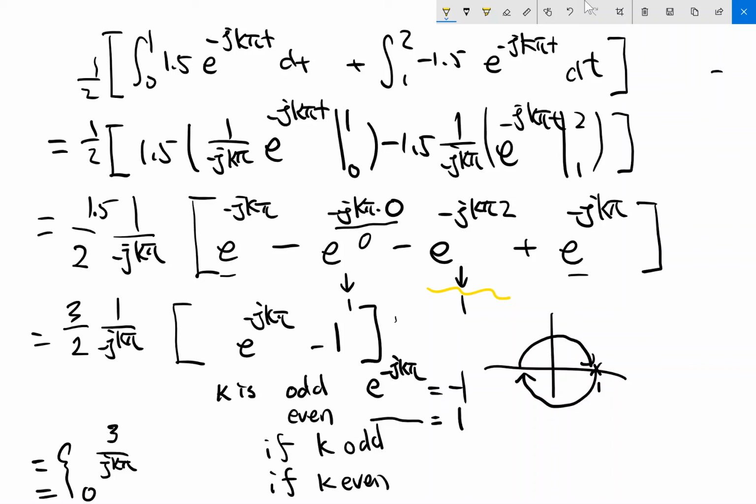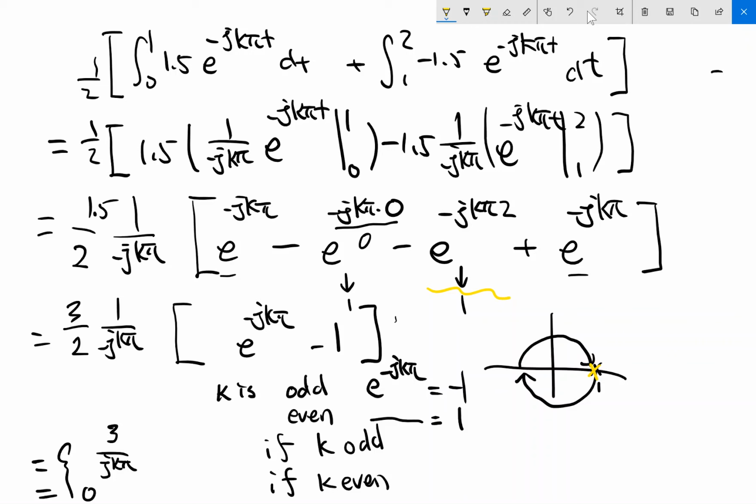Question? Can you explain why, when k is odd, e to the minus j k pi equals negative 1? It is something similar. Here r equals 1, so before rotation it is here, right? When k is odd, well, you see here is k pi, so it's some number of pi, some number of half cycles. If you have an odd number of half cycles, you rotate to the back.